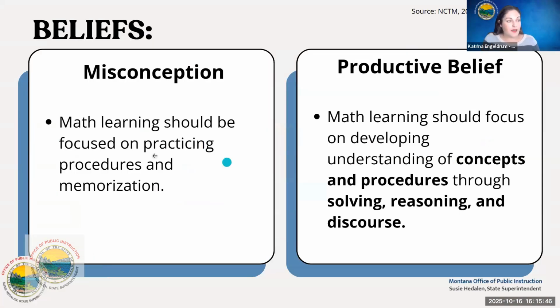And within that are some productive beliefs. These are beliefs recommended by NCTM that say in order for those 5 things to come together, our educators have to have some core productive beliefs. The first of those is that teachers have to have the belief that math learning should focus on engaging those processes and the concepts together and giving students opportunities to solve, reason, and communicate.